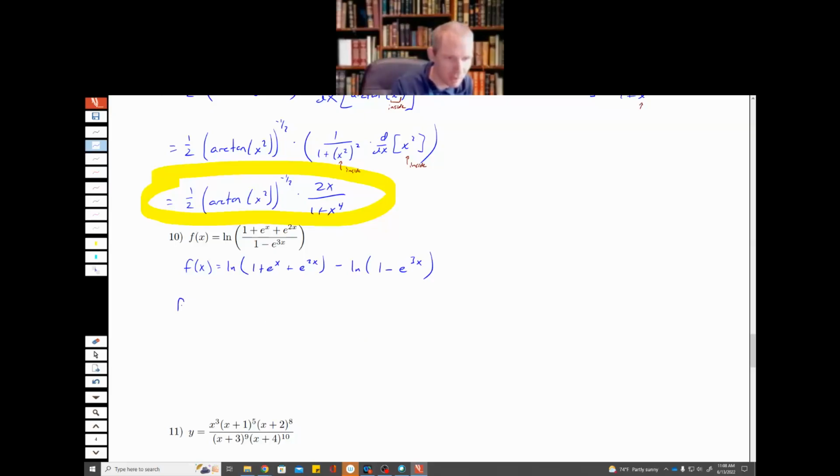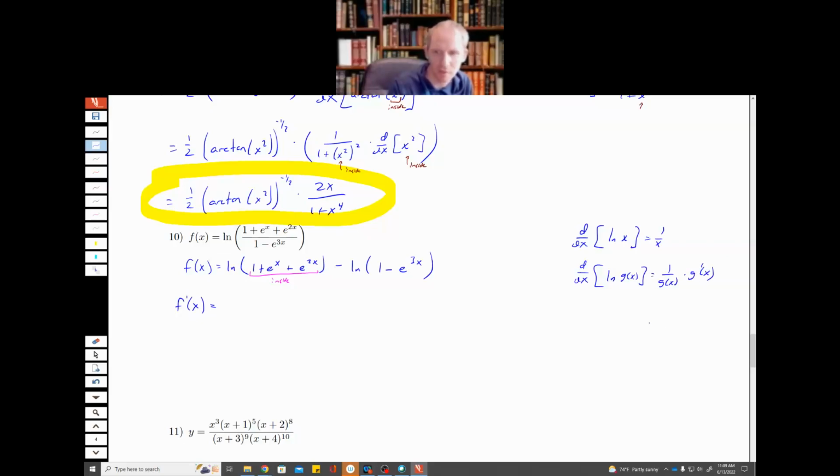Okay, so now let's go ahead and take a derivative. If I have natural log of stuff, I have to use a chain rule where this inside stuff here is my inside function. And I know that when you take the derivative of ln of x, you get 1 over x. So when I take the derivative of ln of some function of x, I get 1 over that function times the derivative of the inside function.